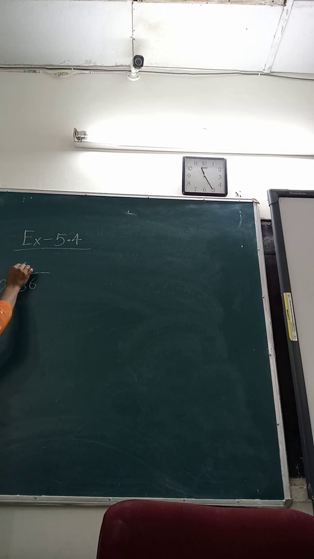Two fours are 8, and 6 will come down. 2 threes are 6.